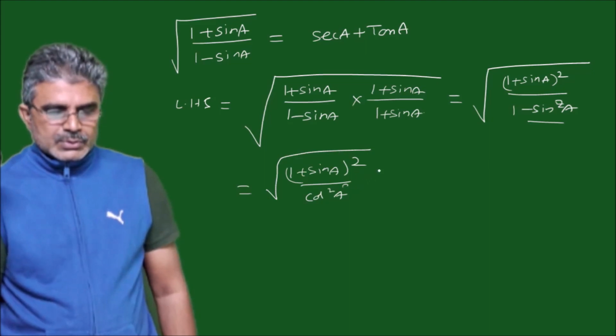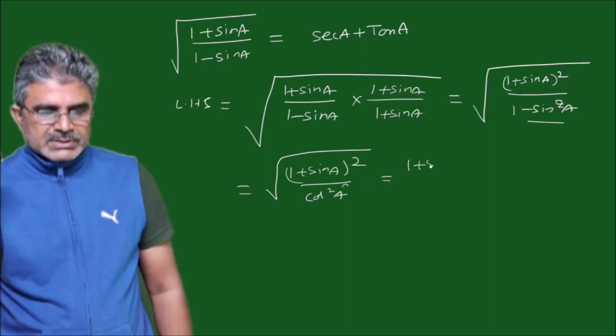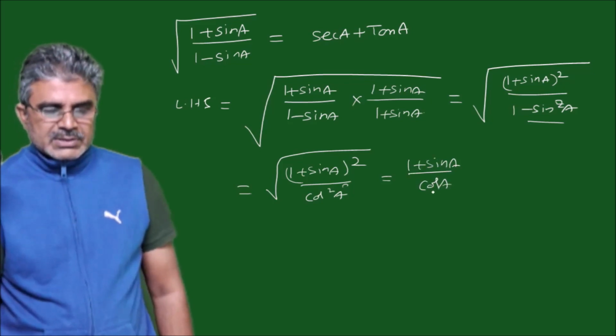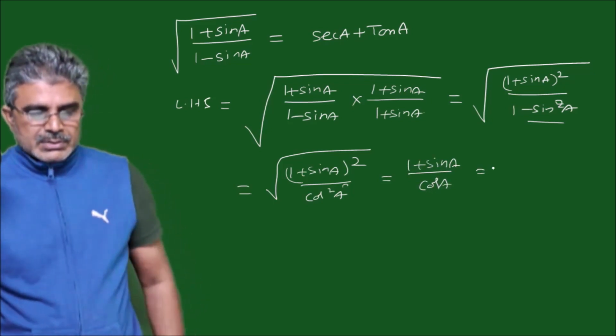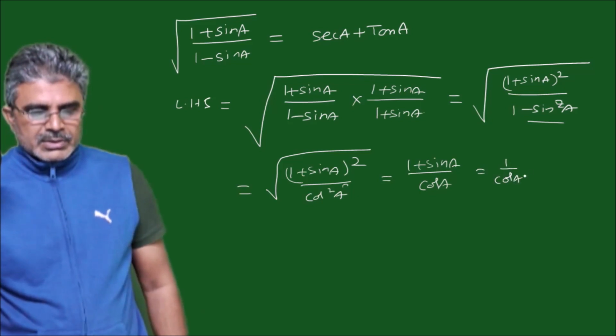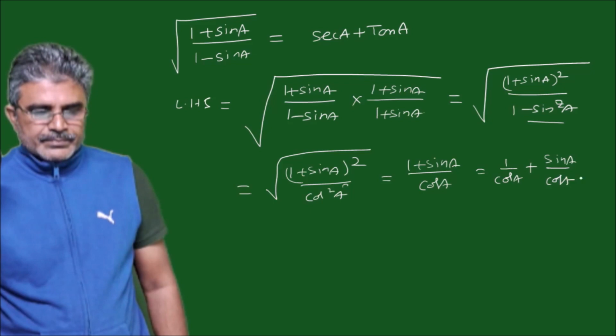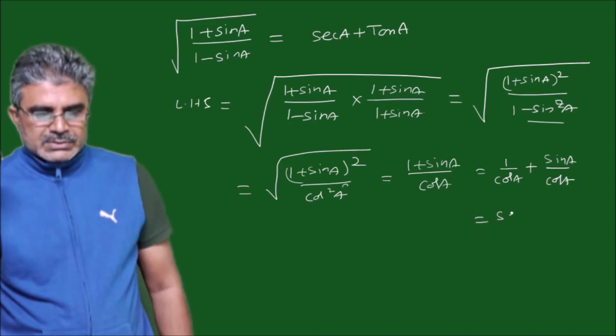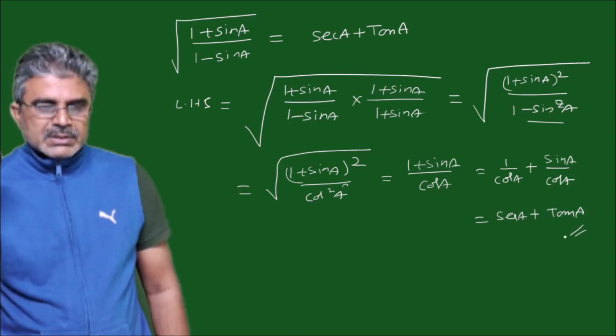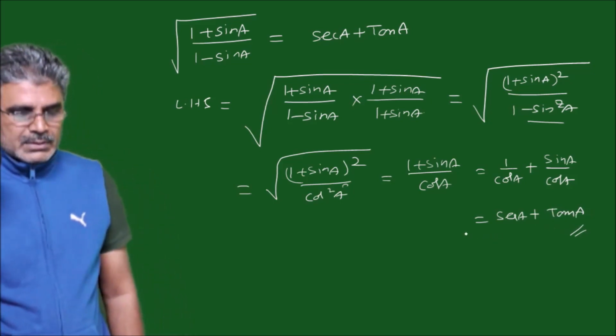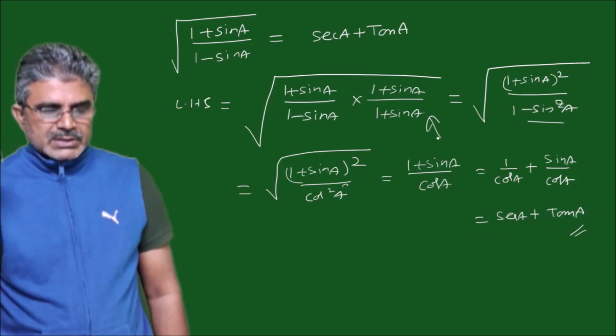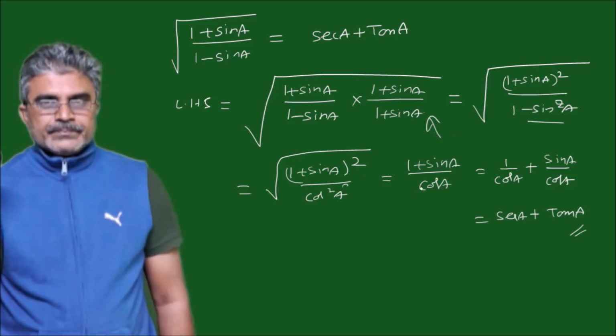If you take out this root and square terms, you will have 1 plus sin A by cos A. Split the denominator to the numerator terms. So you will have 1 by cos A plus sin A by cos A, which is secant A plus tan A, hence the right hand side. So the main thing is rationalizing this factor and then taking out the square roots.